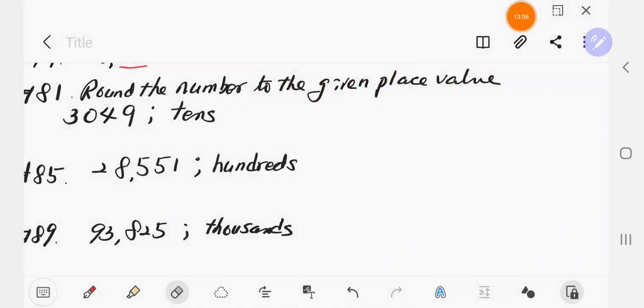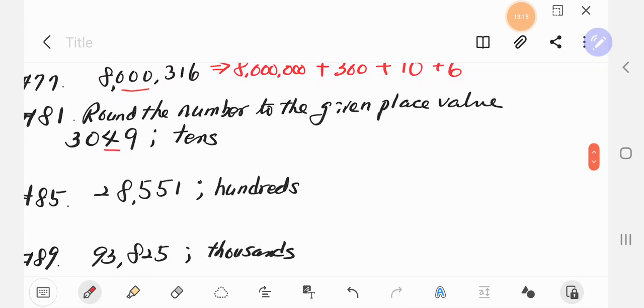Okay, number 81, round the number to the given place value. The given place value is tens, so the tens digit is this one. So this is the place value, right? And then we will check whether the next digit is greater than or equal to 5. Is 9 greater than 5?